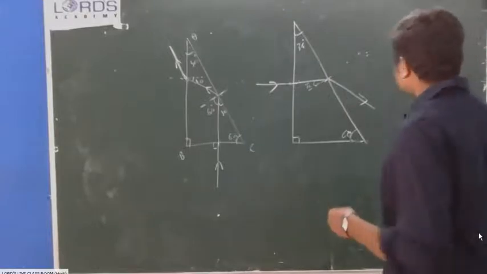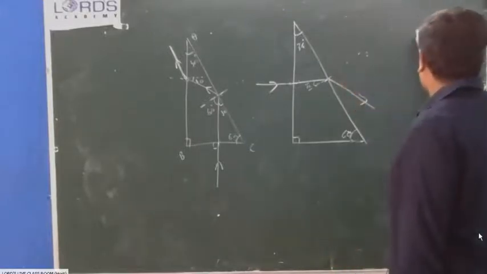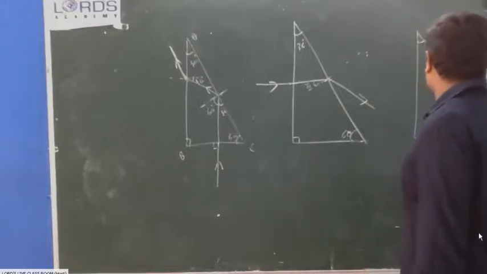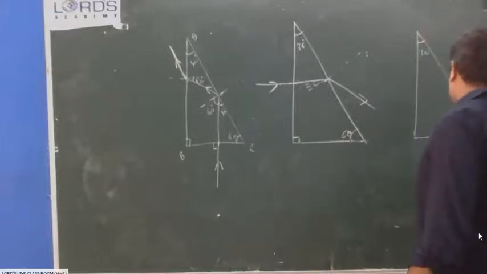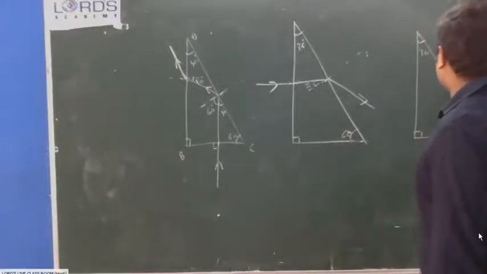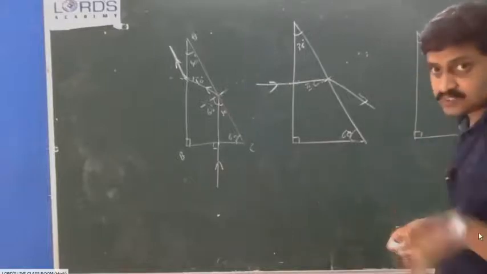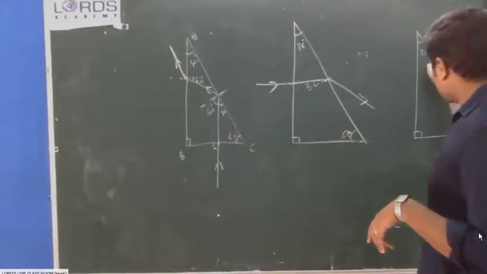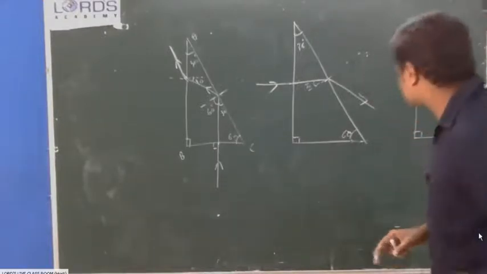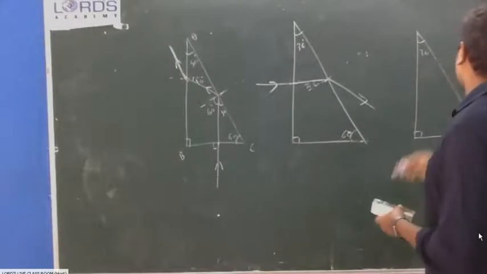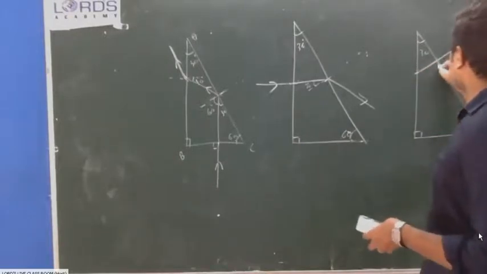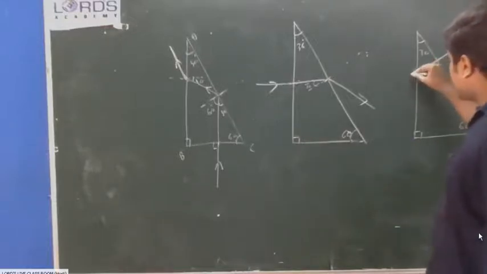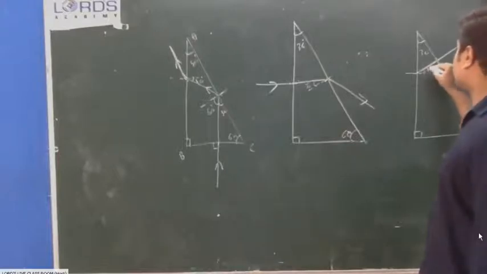Okay, starting from the beginning. Prism: 30, 60, 90 degree. The ray enters through the normal, meaning 0 angle, so no deviation, and it reaches here. Here the angle of incidence is 30 degree.